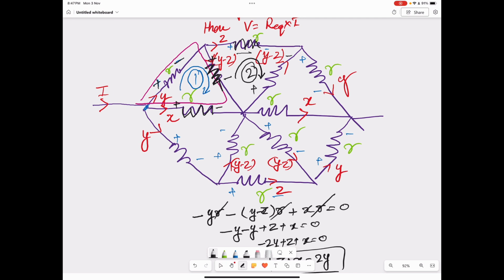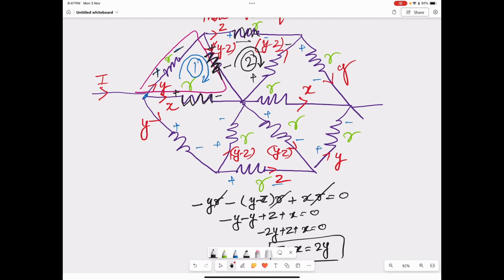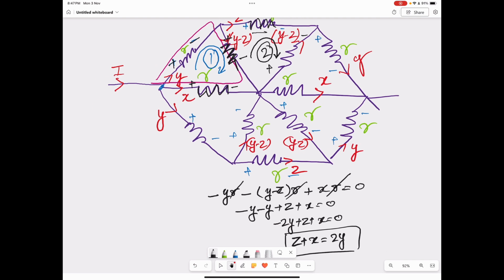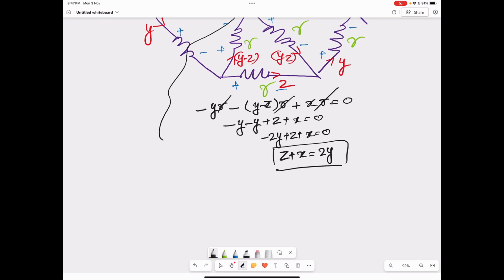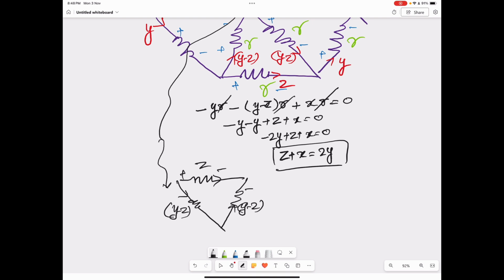Here, negative to positive, it's increasing. So I will just come out here and redraw this so that there is no confusion. y minus z, y minus z, and this is z.